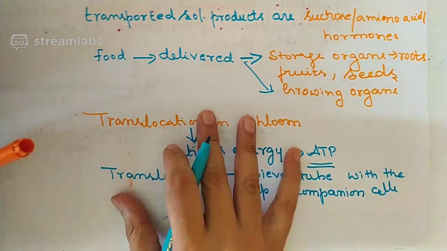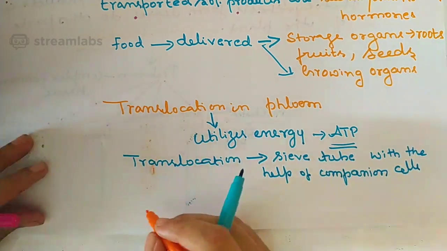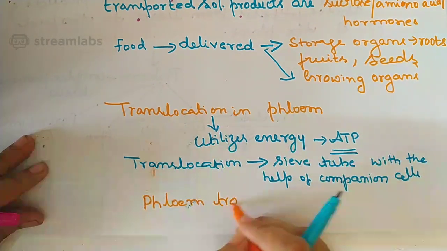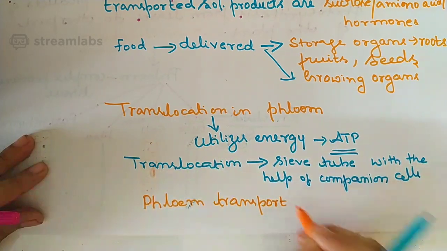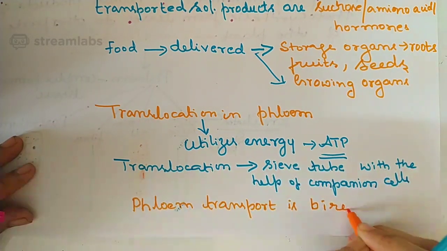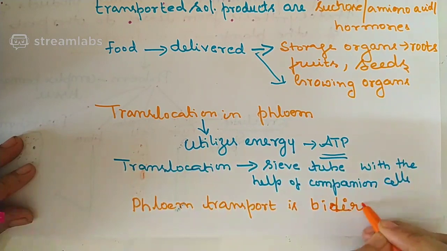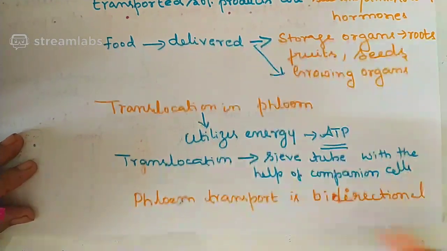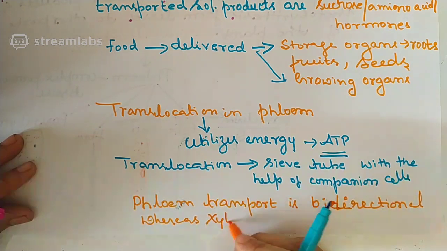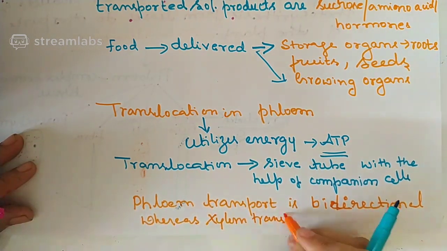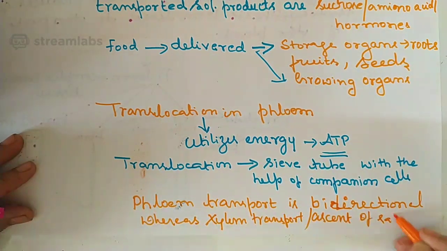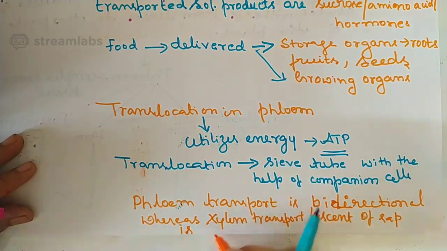And remember, students, phloem transport is bidirectional, whereas xylem transport, or the other term we can use, ascent of sap, is unidirectional.